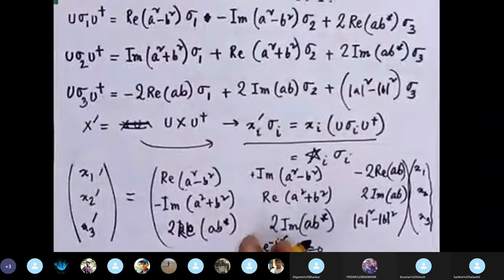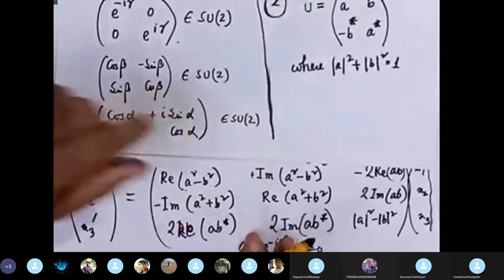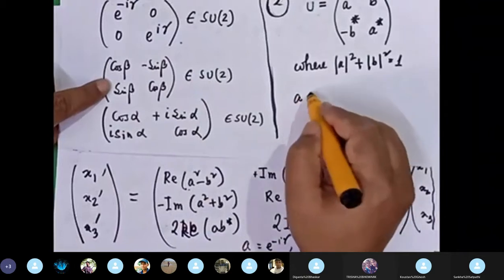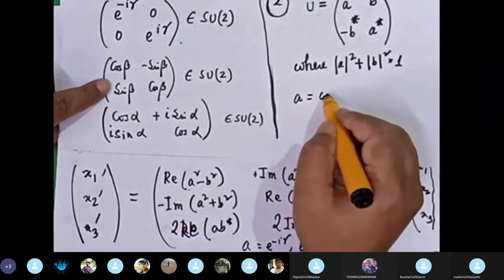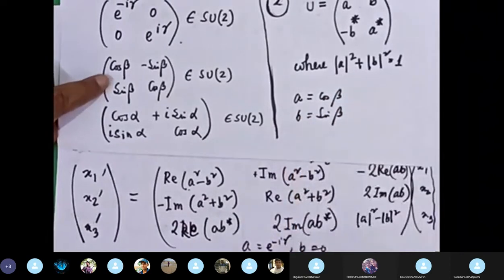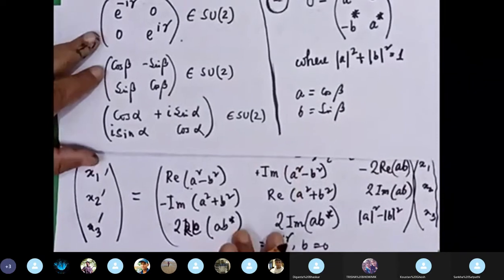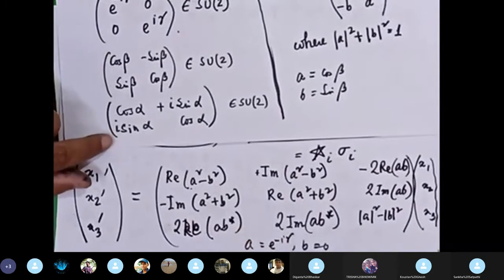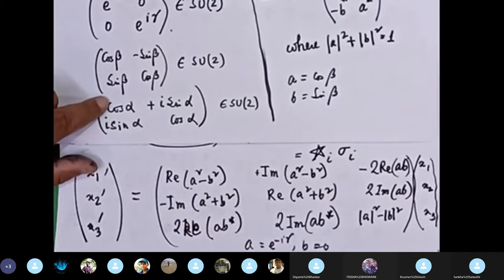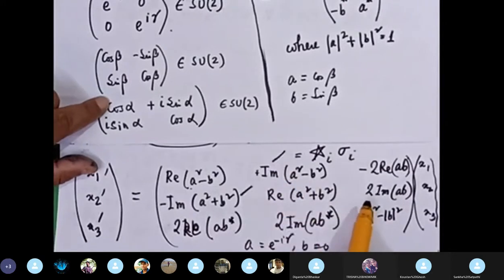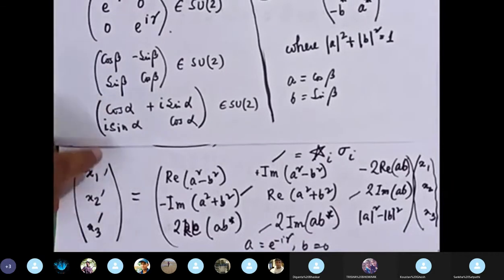Now consider this matrix where A is equal to cos beta, B is equal to sin beta. Both are real, so which terms of this will be 0? The terms which contain Im, these terms will be 0 in this matrix.